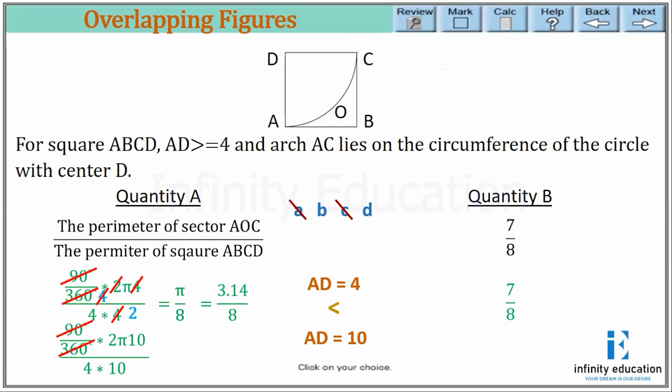Now if we do the simplification, again I get pi by 8, that is 3.14 by 8. Quantity B is 7 by 8, so quantity B is greater. As I have seen in both cases, quantity B is greater, so that should be the answer to the question.